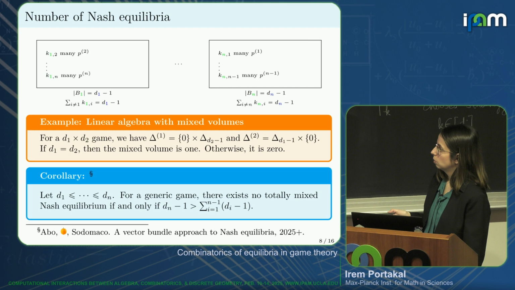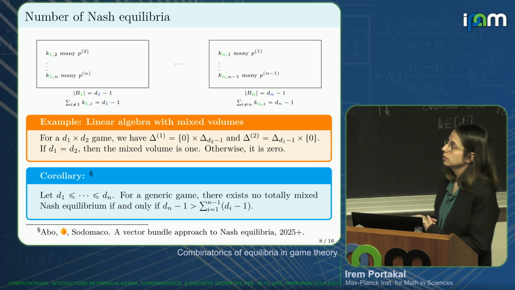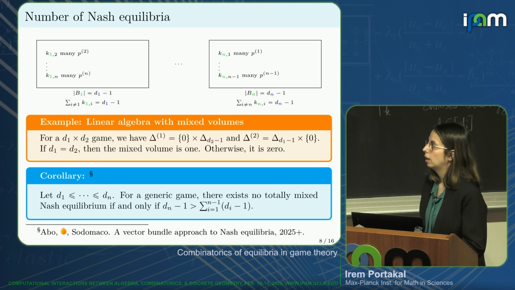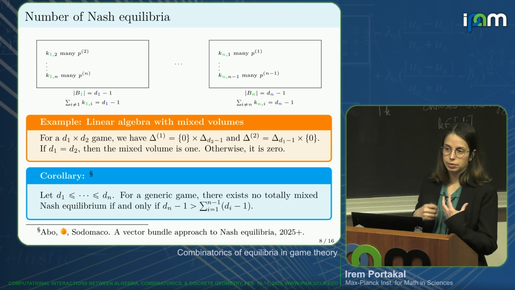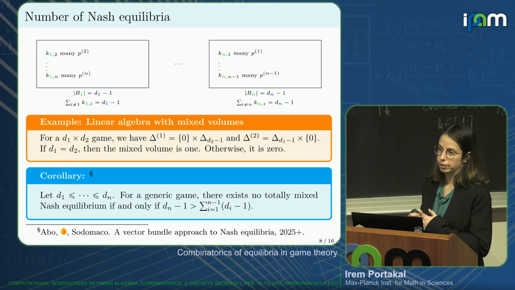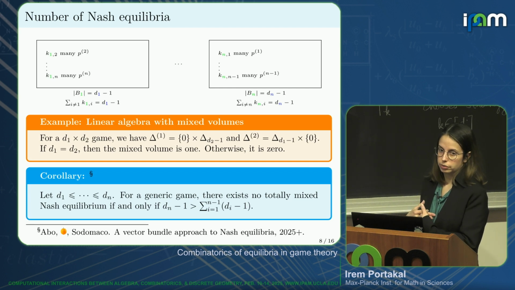And this is also, we can see that with mixed volumes. For a d1 times d2 game, we have these simplices, basically. And if the number of strategies are the same, then the mixed volume is 1, and otherwise it's 0. So it's solving a non-homogeneous linear system by row echelon form, and then we know that generically the system has either 0 or 1 solutions, right?